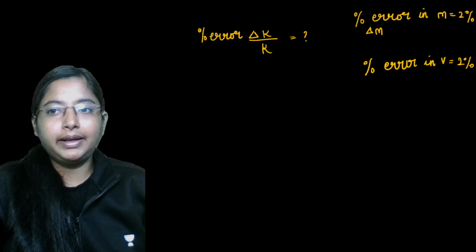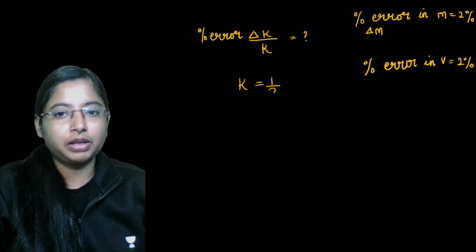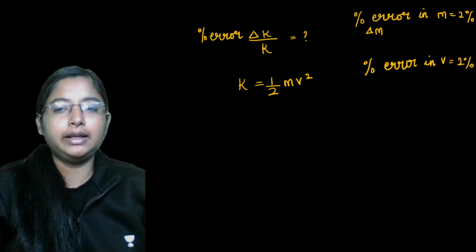We want to find the percentage error in kinetic energy, and we know kinetic energy is nothing but half into m into v square. So try this by yourself, see whether you're getting the right answer.